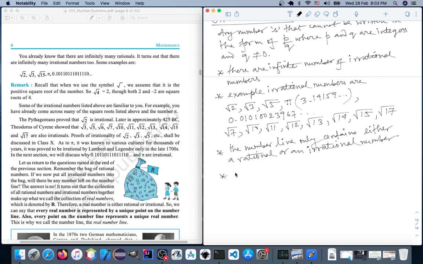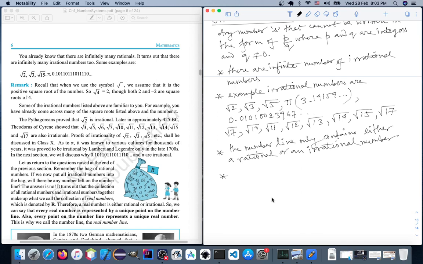So any point you take on the number line, that will be either a rational number or an irrational number. Also, any number which is a rational or irrational can be uniquely located on the number line.